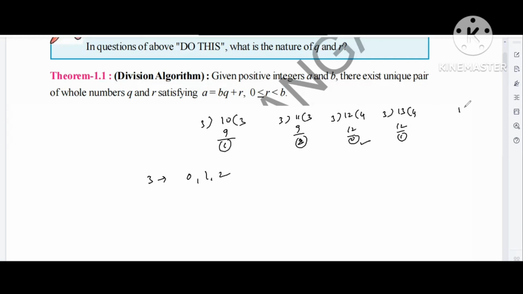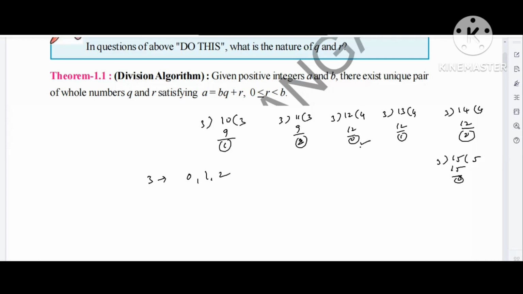And if you take next 14, 3 4s are 12. Remainder is 2 again. And if you take 15, 3 5s are 15. And the remainder is 0. Okay, means here when you divide with 3, we get the remainders either 0 or 1 or 2. So that's the important thing you have to remember.